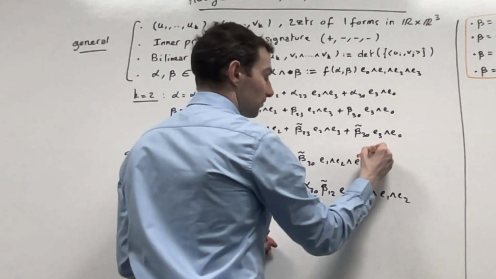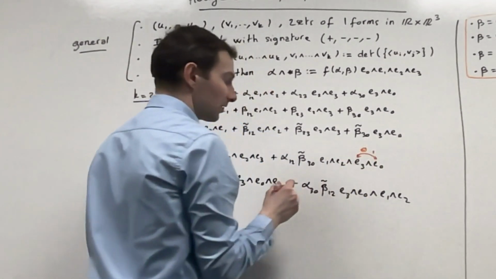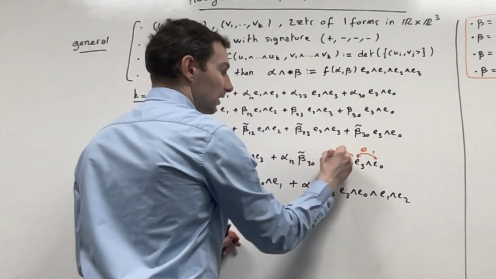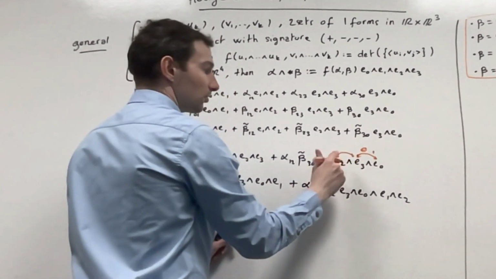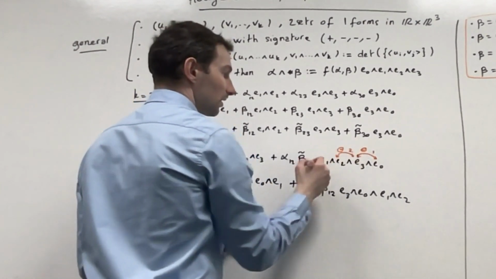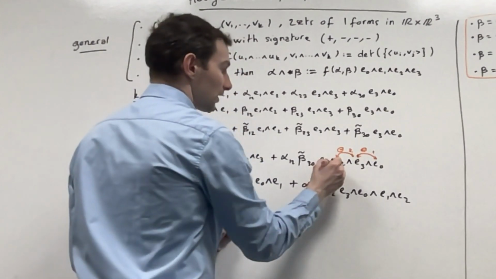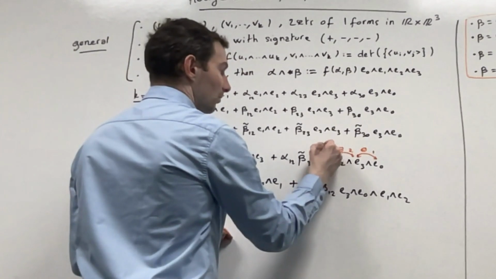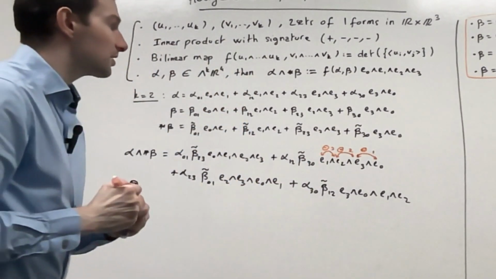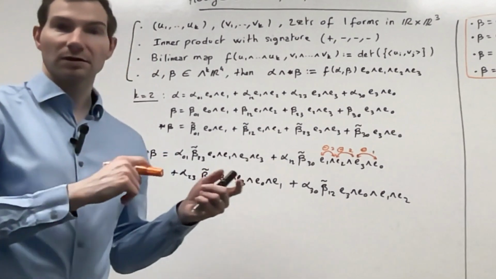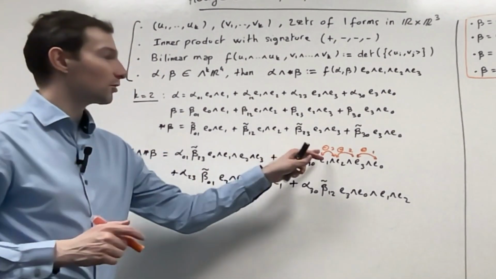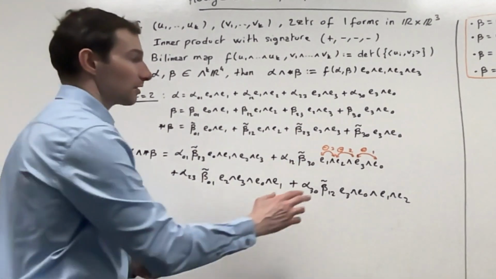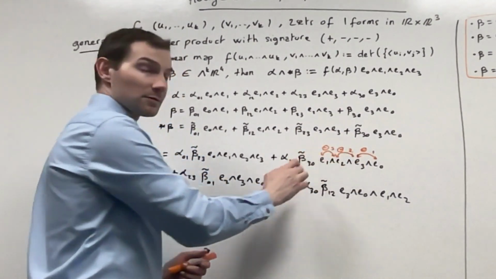That's the first step, and that's giving us a minus sign. Then I can do a swap between E3 and E2. That's another minus sign. And then I need to do the last one, between E0 and E1, to actually get things in the right order. So I'm going to get out of it a minus sign, because I've got minus times minus times minus.